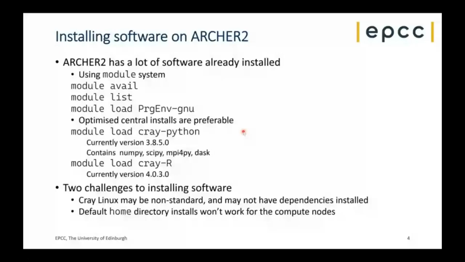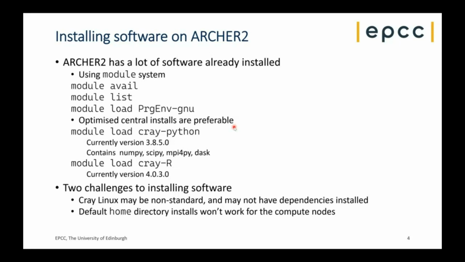So if you have to bring your own software onto ARCHER2, what are the challenges? Cray Linux at some level is pretty standard Linux these days, actually SUSE Linux 15, but it's not your Ubuntu, it's not the default flavor, and you can't just do an apt install or a yum install directly into it.